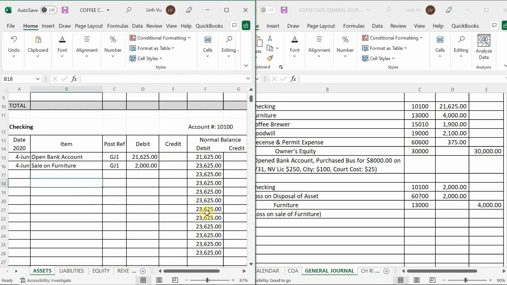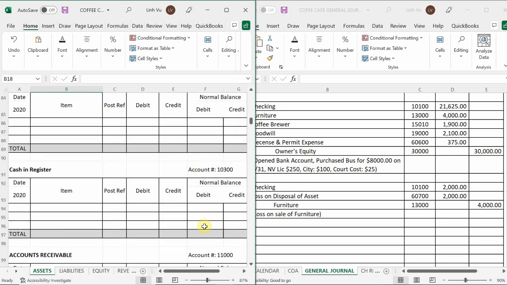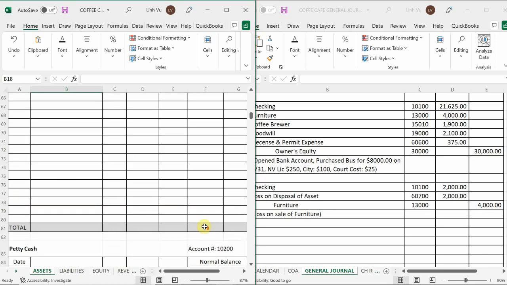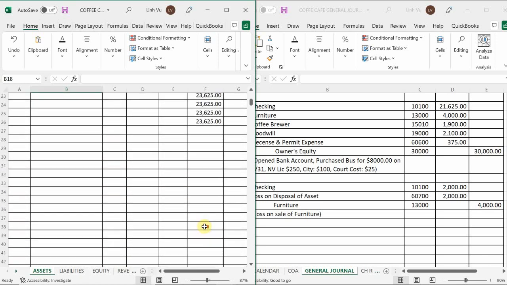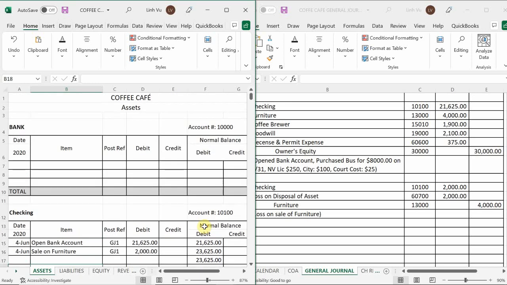And every single one of these accounts, you're going to apply that same exact formula. Now, that formula will change if you're looking at a credit, because a credit is going to be different. You're going to be adding your credits and subtracting your debits, and we'll take a look at that example once we get into liabilities and things like that. But for now, the formula is going to be up 1, left 2, minus left 1.